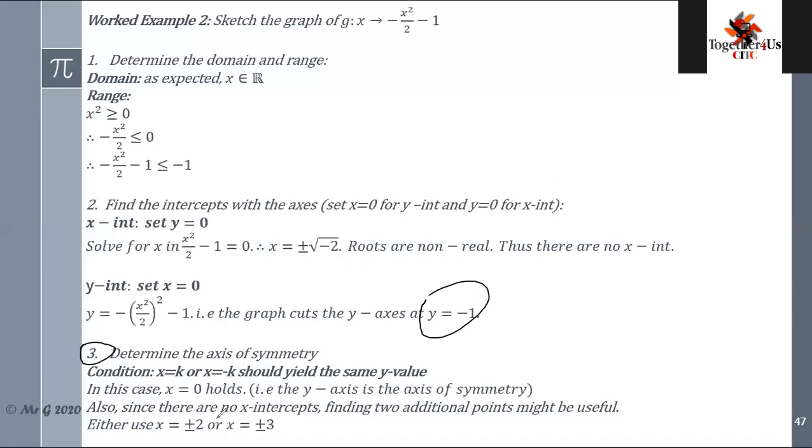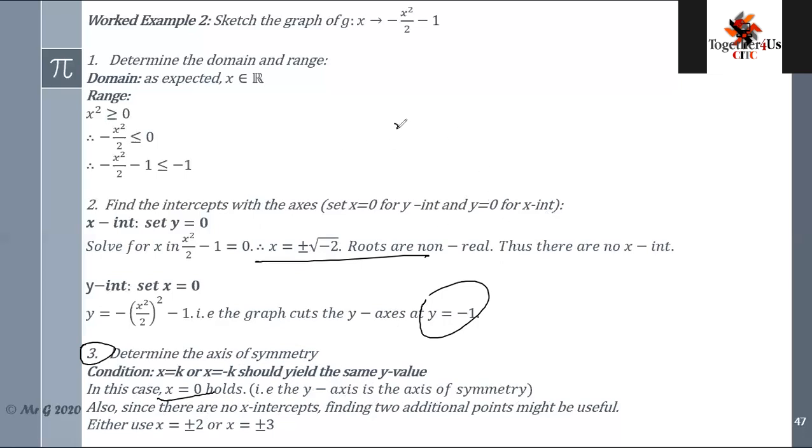Finally, determine the axis of symmetry. In this case, usually, as we said, x equals 0 does hold. This will not always be the case, especially at the grade 11 level. For now, as I said again, you'll be quite lucky. This will be the case in most cases, right? And now, because we established that this thing does not cut the x-axis, it might be a good idea to find two additional points that can help you have a nice cup or cap.